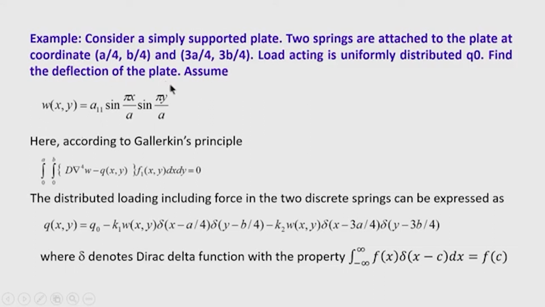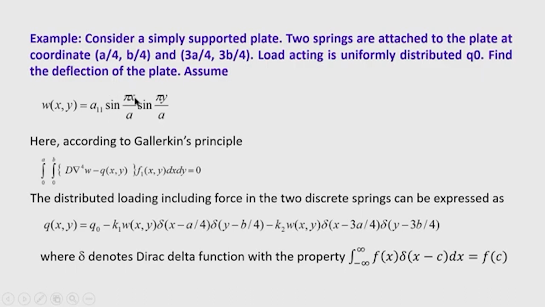Now, for simplicity we assume a one term deflected series. So, for a simply supported plate we can see that the Navier series can represent the deflection surface truly, provided the A11 is correctly evaluated.